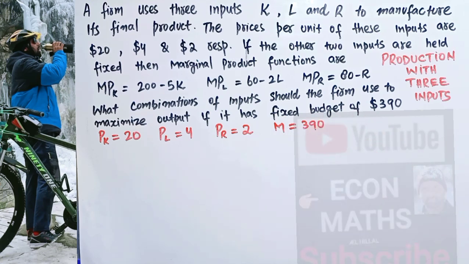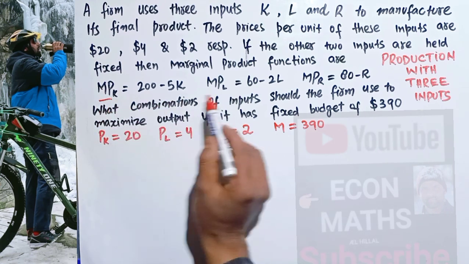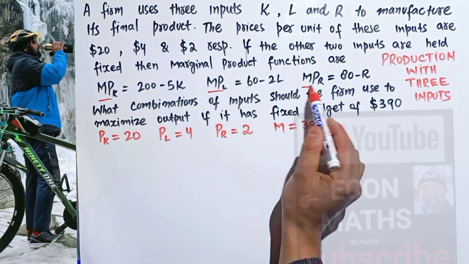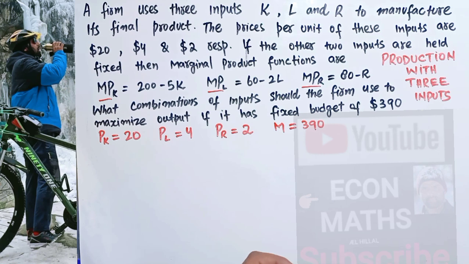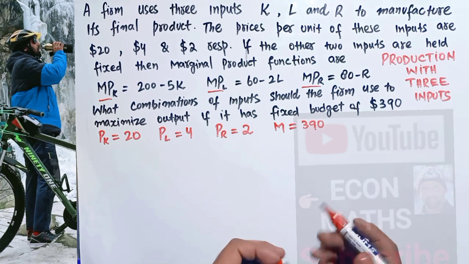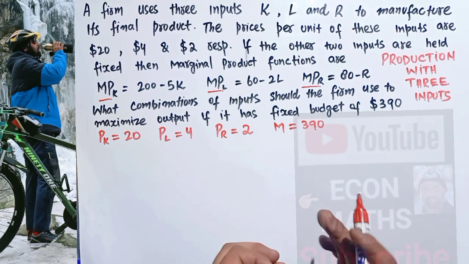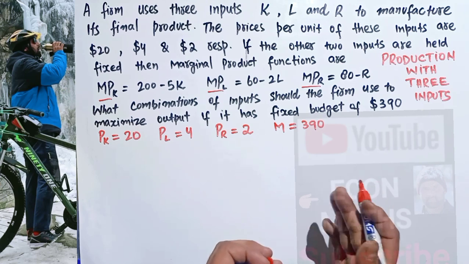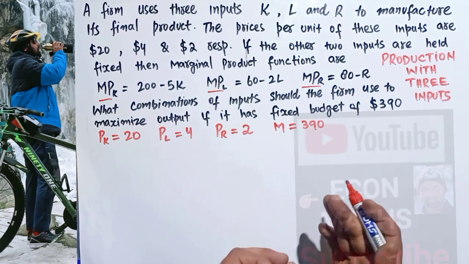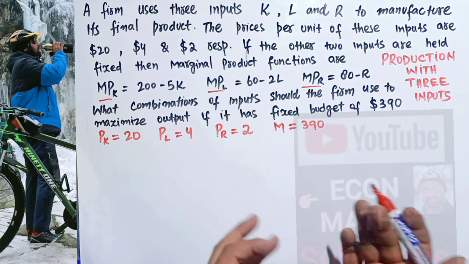Now given these values, we are also given the marginal product of capital, marginal product of labor, and marginal product of the other input. The basic rule for optimal input determination is that the last $1 spent on each input should add the same amount of output.